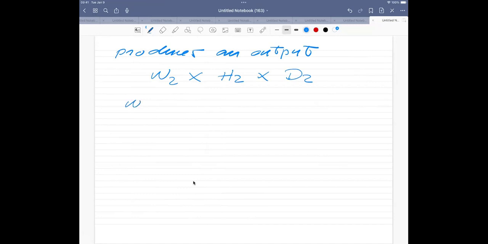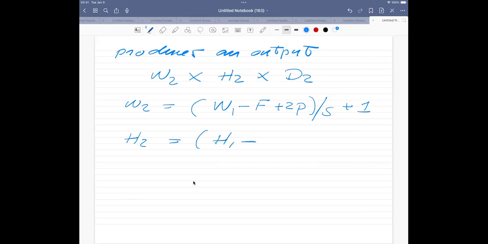And this W2 is normally given by the initial width minus F plus 2 times P, the padding, divided by the stride, plus 1. So these are the typical formulas which you would set up when you're defining the dimensionalities which you have to deal with. It's pretty common to have square matrices as input, but they don't need to be square matrices.